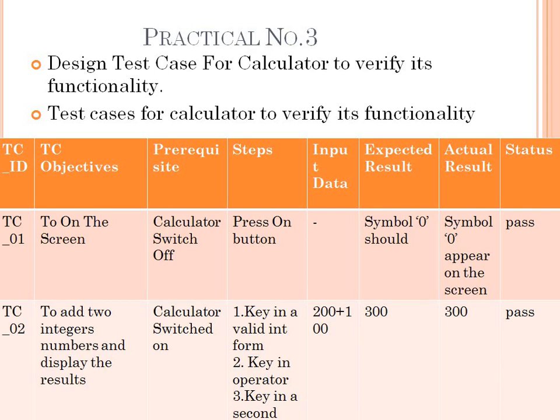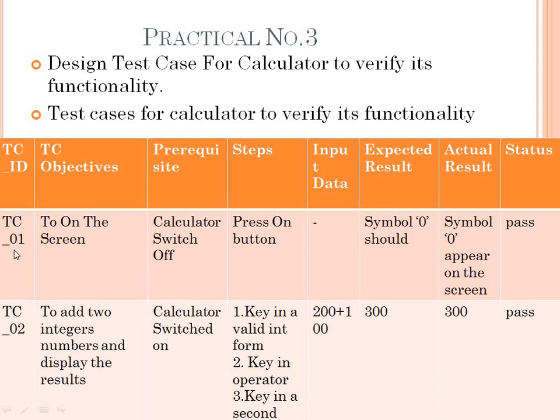The prerequisite is required; to perform the test case on a calculator, we require the calculator. The next parameters are steps, input data, expected result, actual result, and the status.